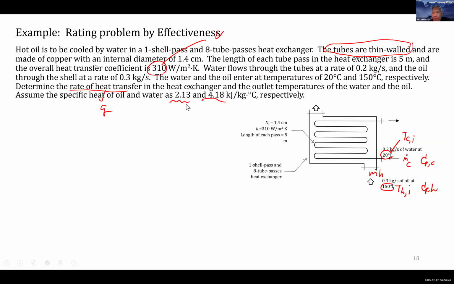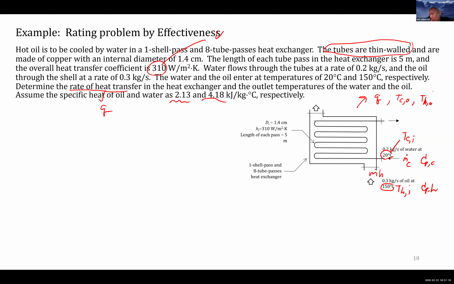No problem. Now, look at this thing. They are asking us to find Q, meaning Q is the unknown. Now, look at this. Nothing is given for the exit temperature, meaning that TCO and THO are also unknowns.